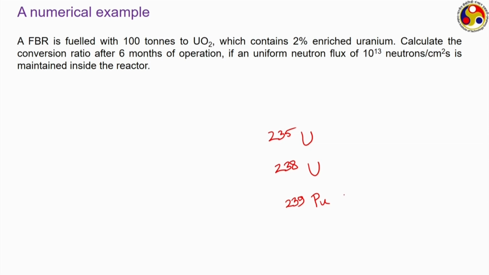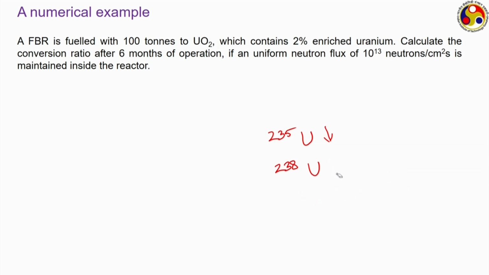Initially Pu-239 concentration is 0 to start with, but as time goes on it will keep on increasing, whereas the concentration for both U-235 because of fission and U-238 because of this breeding reaction will keep on coming down. And actually we are not sure that plutonium concentration will continue to keep on increasing, because it will increase because of the breeding, but it will also decrease because of its own fission.